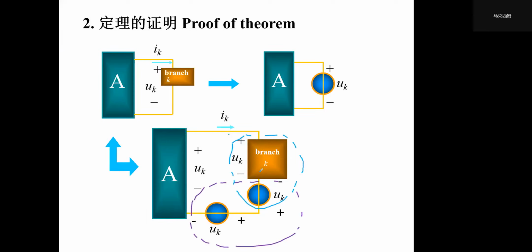Those two together contribute a net voltage of 0, so we can just bypass it and let the current IK run through. So we see that we can replace this stuff with a voltage source of UK.